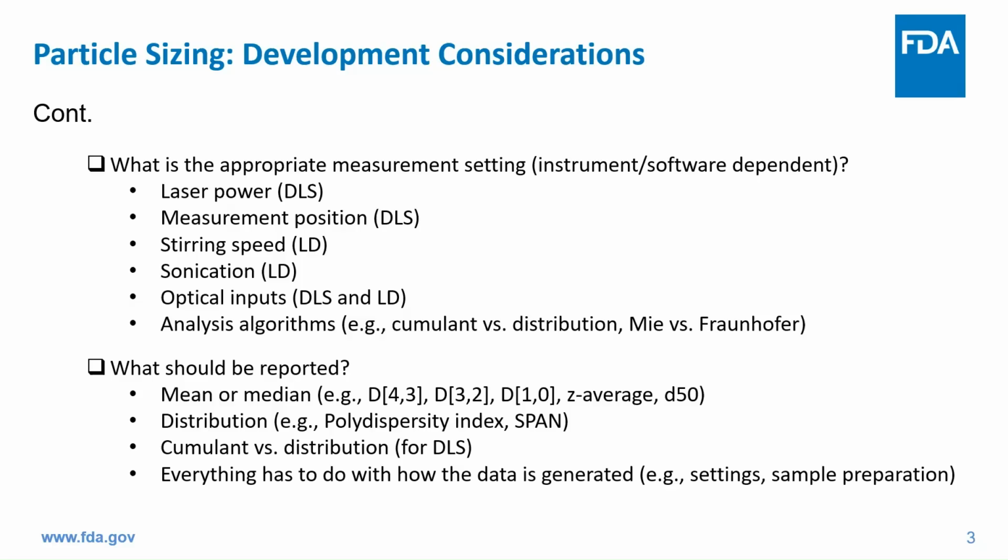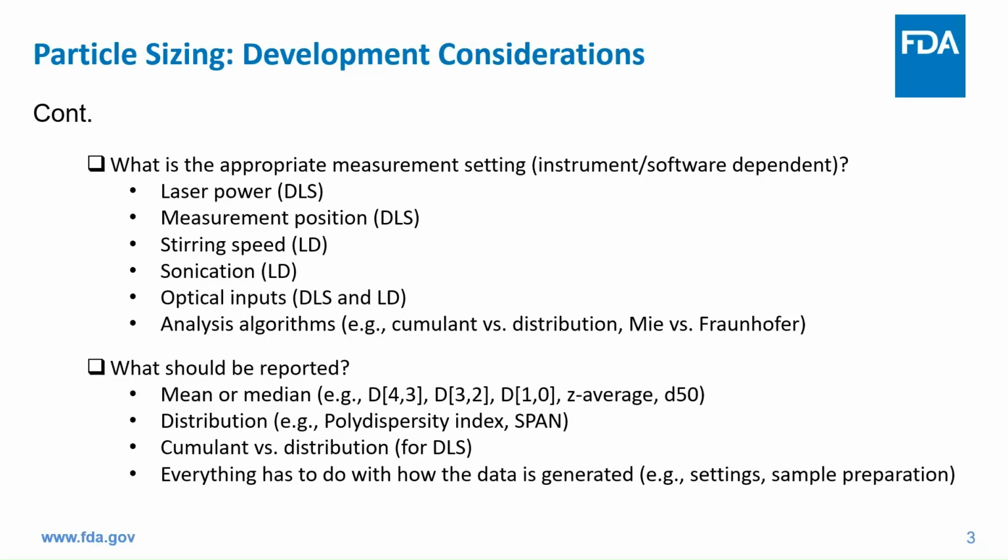Last but not least, what's really important, especially for you, is what should be reported in the applicant's application, right? The short answer is the more the better, and the more detailed the better. What is a mean value? Even the mean can be described in different ways: arithmetic mean, volume weighted, surface area weighted, intensity weighted, harmonic mean.